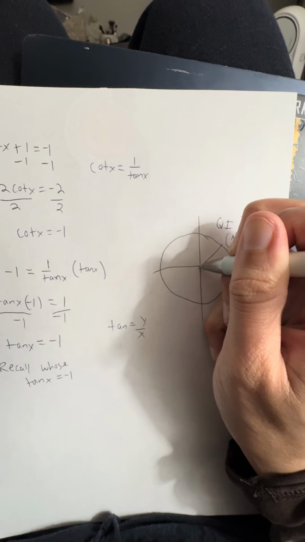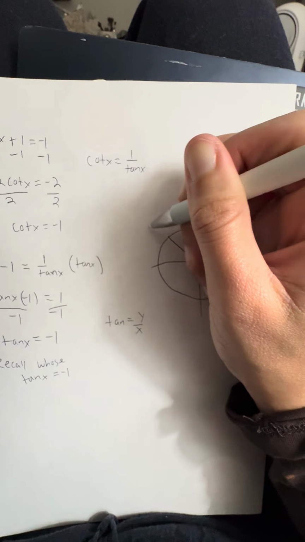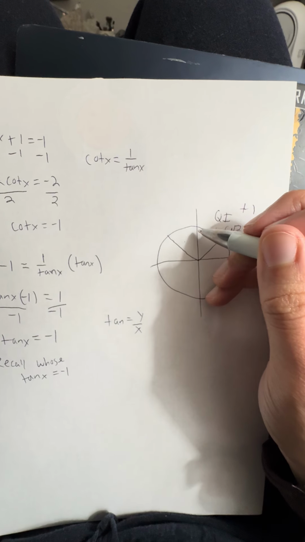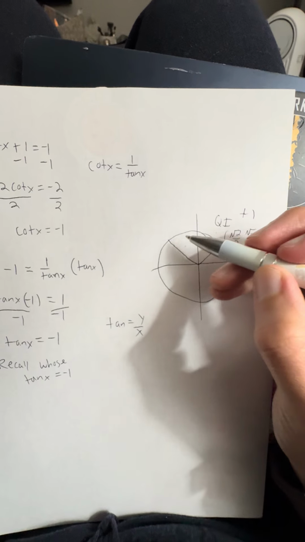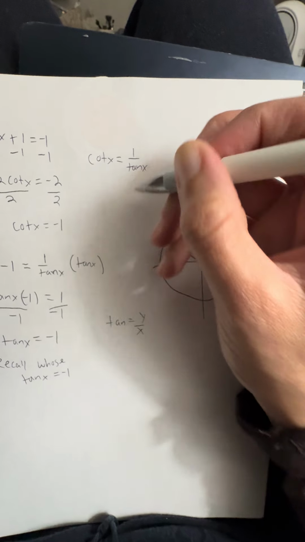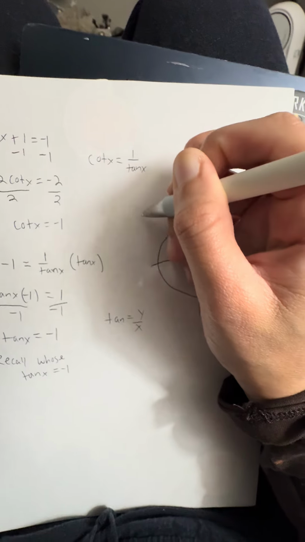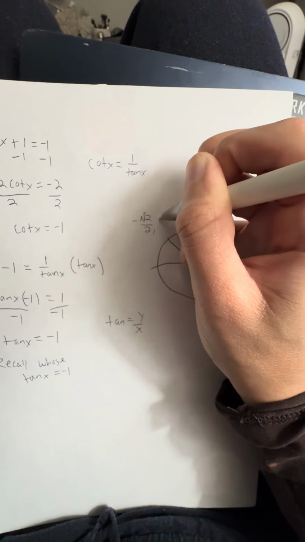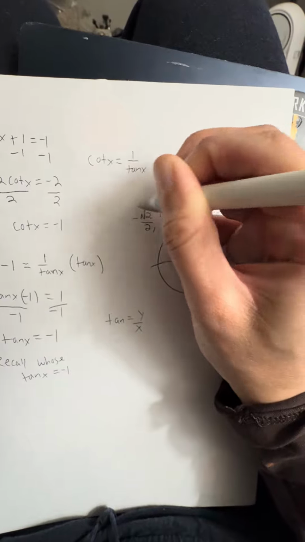When you go to 45, 60, 90, and then 120, and then 135, I believe is that angle. When you're here, you have -√2 over 2, comma √2 over 2.